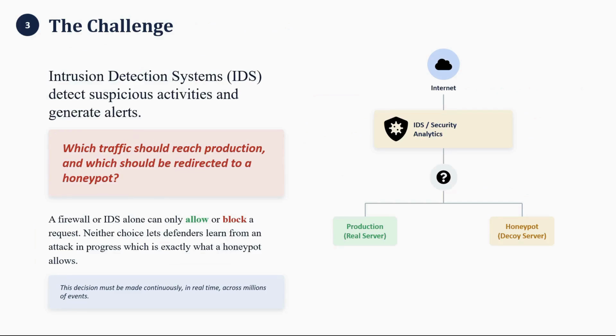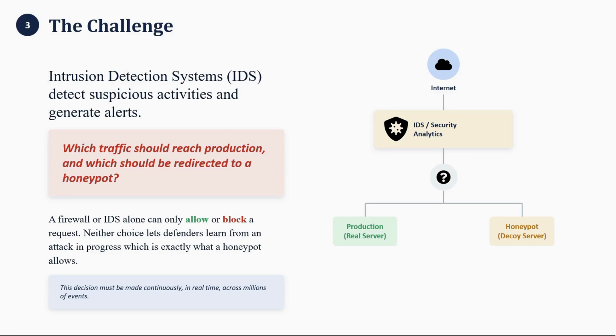Most organizations have already deployed intrusion detection systems, or IDS, which analyze the incoming traffic and help identify suspicious activity. But detecting suspicious traffic is only the first step. What happens next is the real challenge.